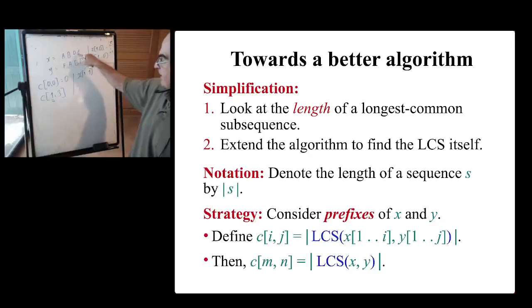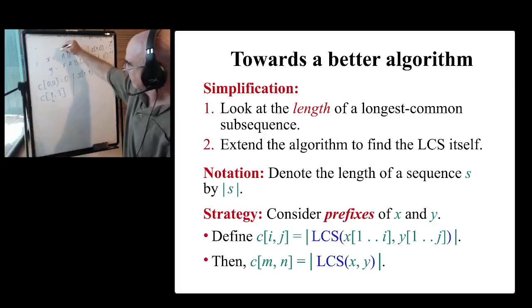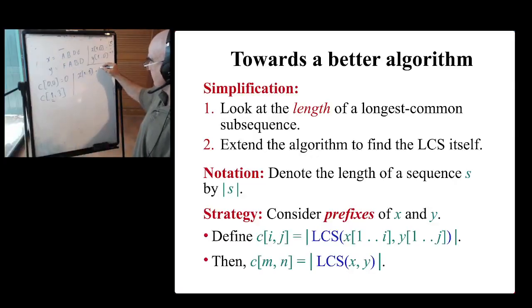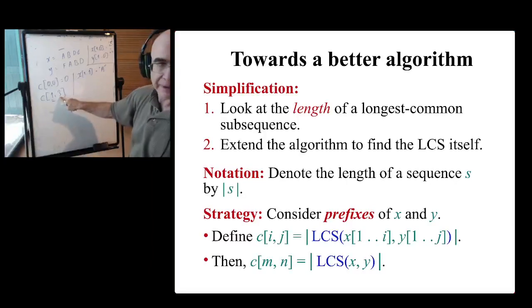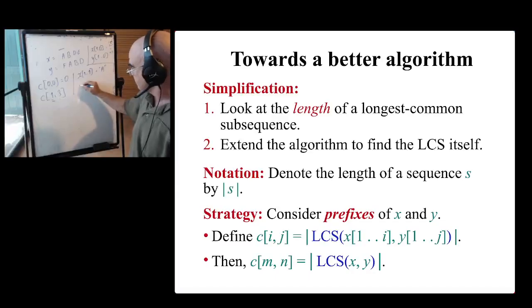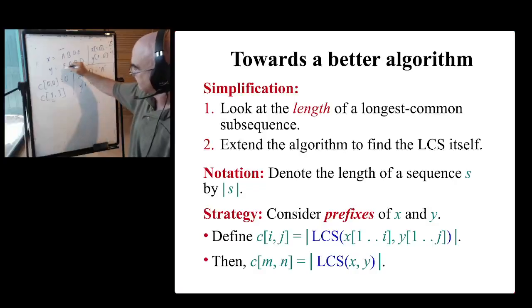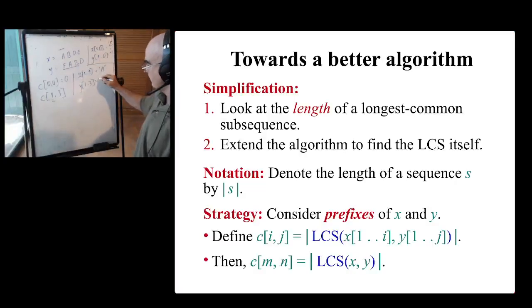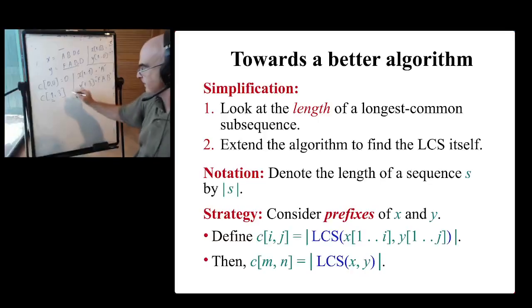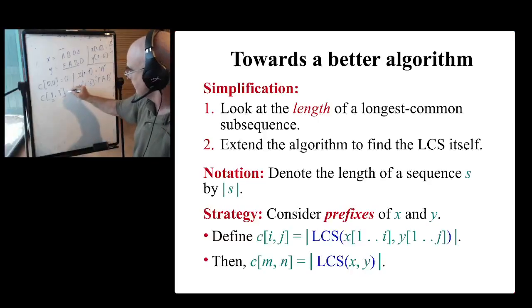X is A, B, A, D. Take the prefix of only the first character, which is A. What does the 3 over here represent? y from 1 dot dot 3 takes the first 3 characters of y, which are F, A, B. What is the length of the LCS between these two? Well, they have the A that matches. That's as long as you can get with only 1 character, which would be A.